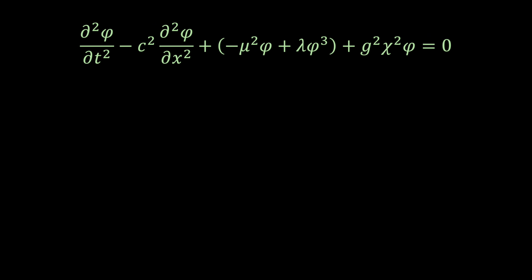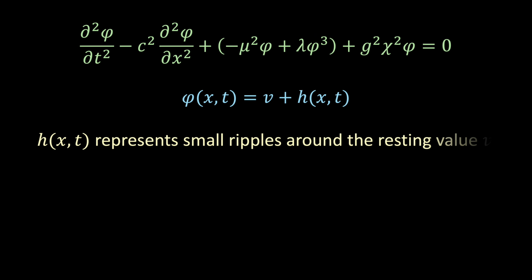Now, here is the idea that we touched on earlier. We want to look at small fluctuations of the field around its resting value. To do this, we write phi of x,t equals v plus h of x,t, where v is the resting value of the field, and h of x,t represents the ripples around it. We then substitute this into the phi equation of motion.